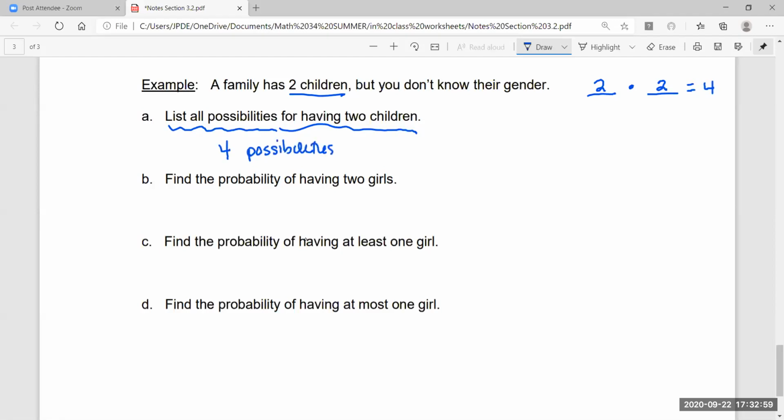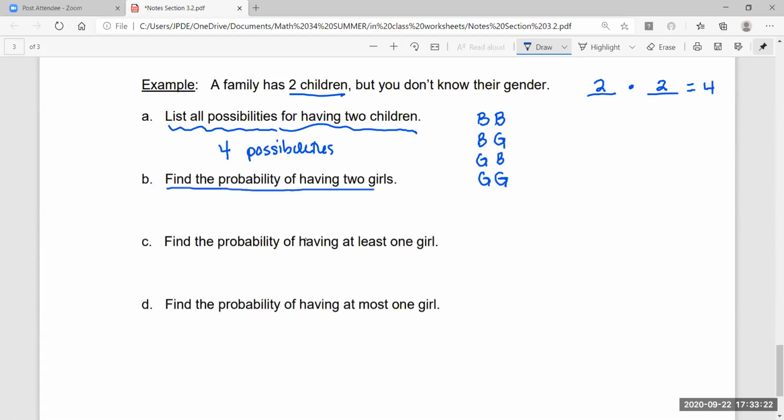So you could have, and I'll do my situation first, you could have a boy first, and then you can have a boy second. You could have a boy first and then a girl. Or you could have a girl first and then a boy. Or you could have 2 girls. So we have all 4 of our combinations.